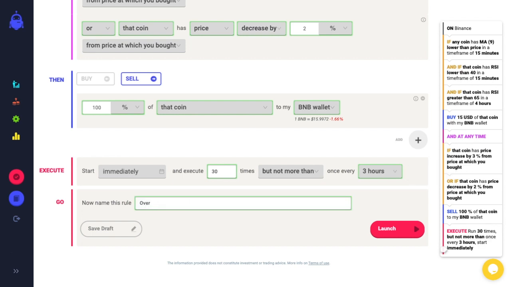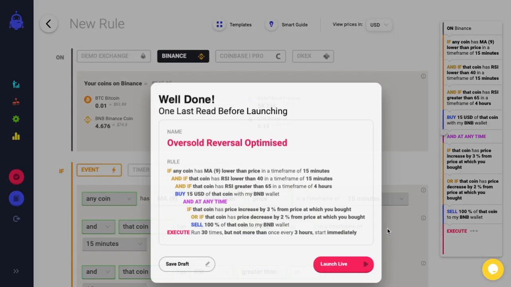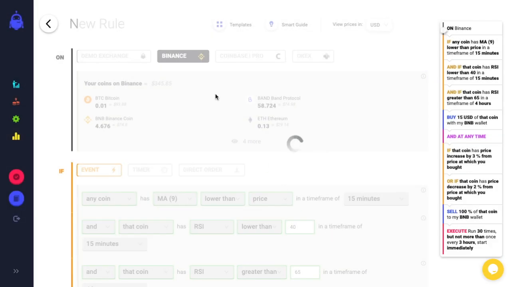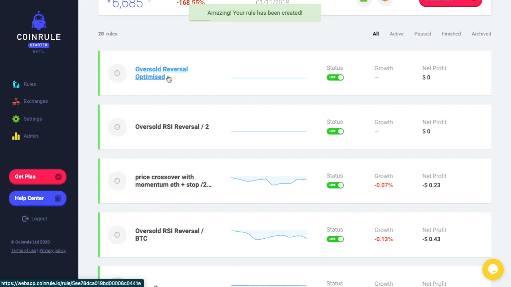So I will call it Oversold reversal optimized. Let's click on launch and get a quick review of what I set up. When everything is okay, I can click on launch. It's live. Let's see how it goes.